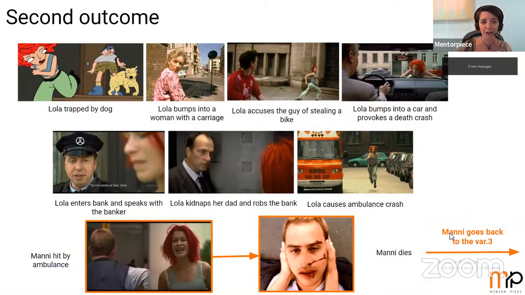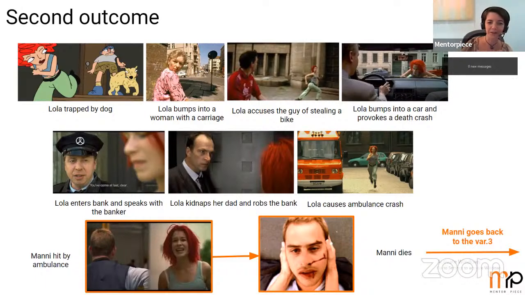In the second outcome, we have the same events, but with a bit different results. Lola, scared by this dog, again bumps into a woman with a carriage, accuses the guy of stealing a bike near the bank, bumps into a car, but in a bit different way, and provokes the death of the driver of this car.